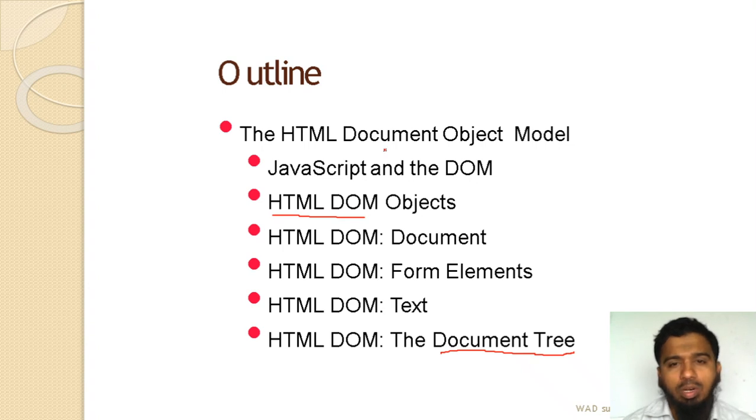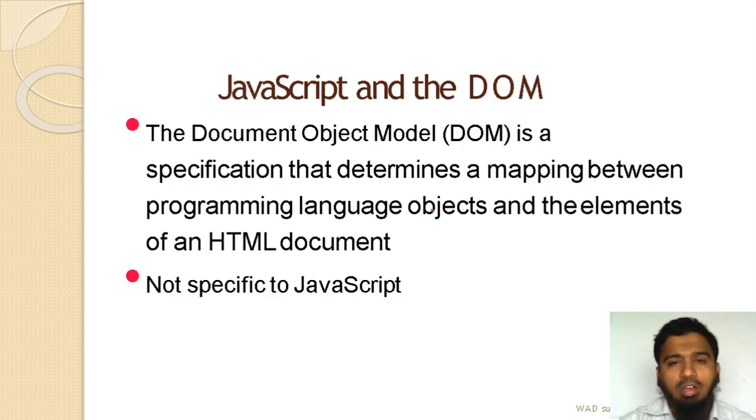Okay, the first one, JavaScript and the DOM. What is DOM? DOM is nothing but the document object model. It is a specification that determines a mapping between programming language objects and the elements of the HTML document.